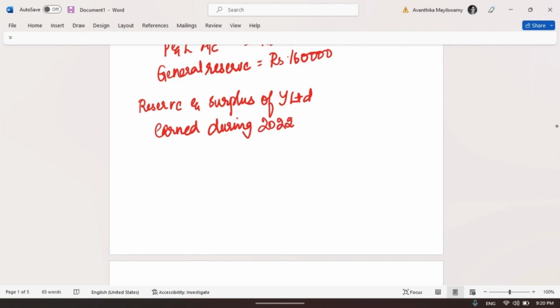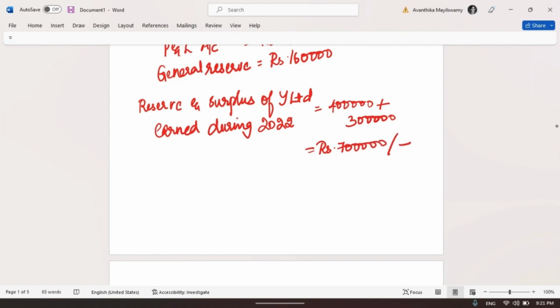So here, in order to calculate that, we can total up the reserves, that is general reserve and P&L account at the end of the year, which is equal to 4 lakhs and 3 lakhs. So the total reserve at the end of the year is equal to rupees 7 lakhs.